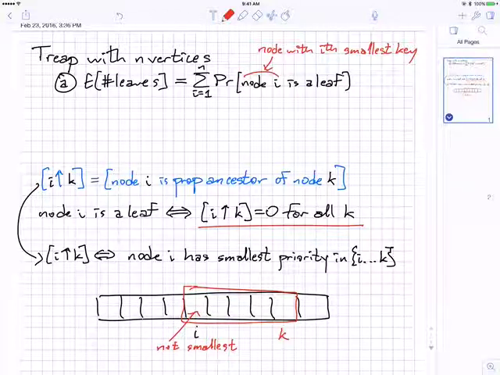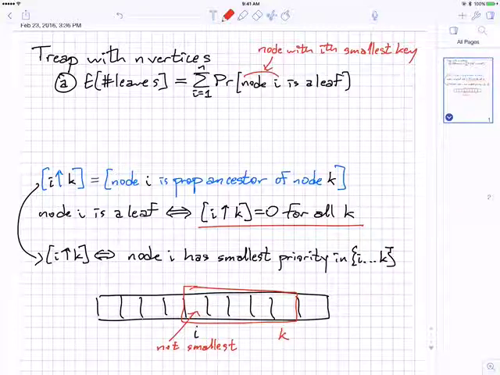And because of the structure of the treap, the only way that I can be an ancestor of K is if in this range of nodes, the smallest priority is I. If the smallest priority is in the middle, that node J in the middle is going to be the least common ancestor of I and K. If the smallest priority is K, then K is going to be an ancestor of I, and everything in between I and K.